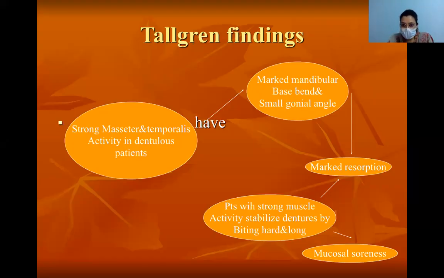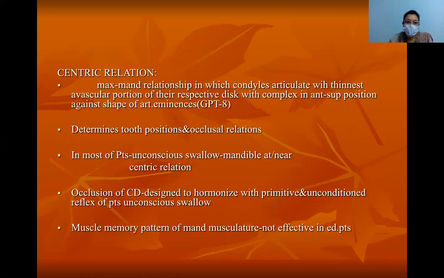Tallgren gave some findings about marked mandibular base angle and small gonial angle, about strong masseter and temporalis activity in dentulous patients. If these are so, then there will be marked resorption. Patients with strong muscle activities can stabilize dentures by biting hard and longer, and this can also cause muscle soreness.